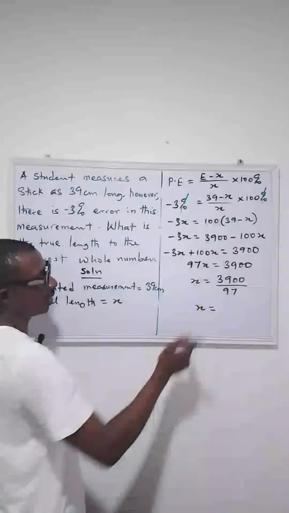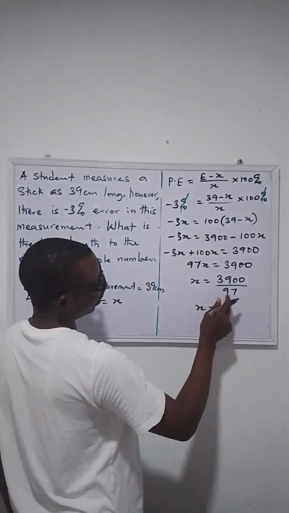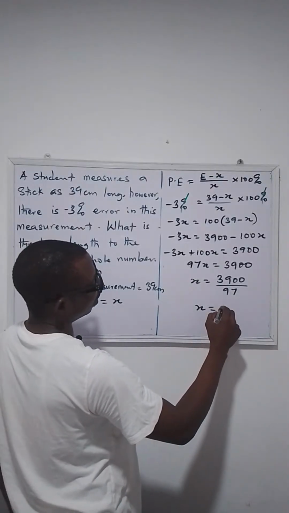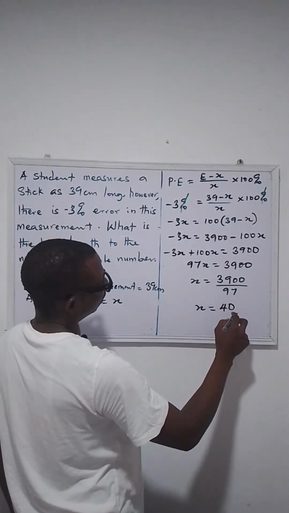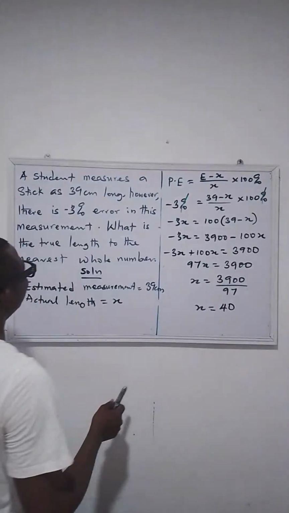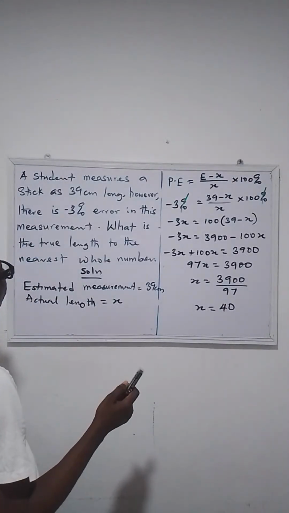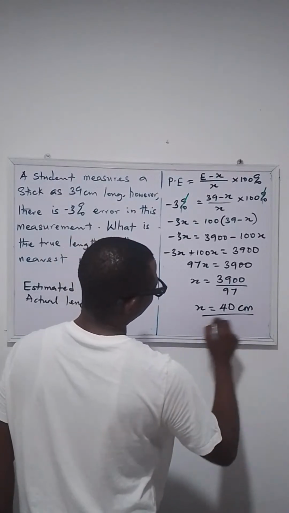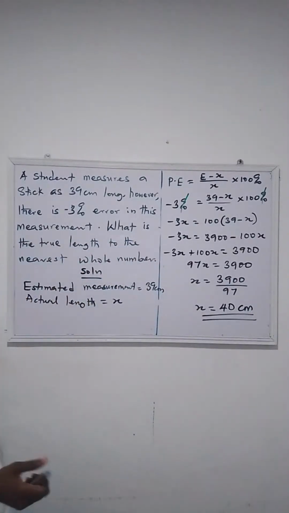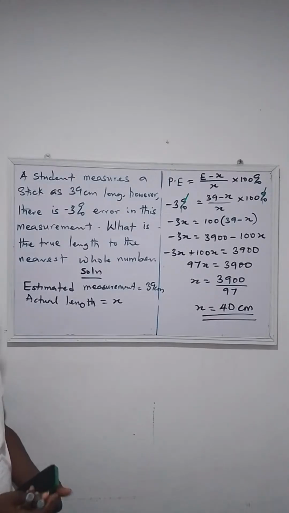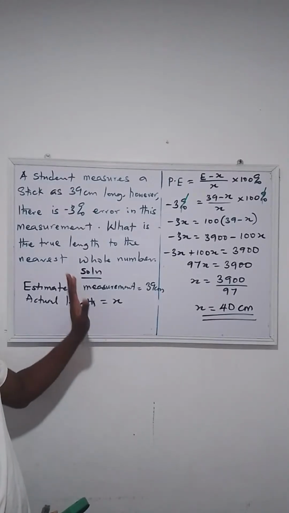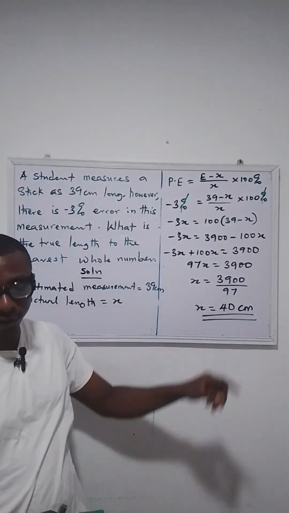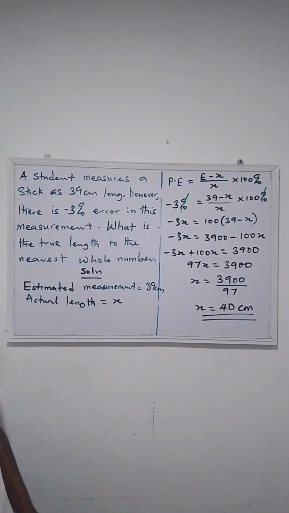Punch that on your calculator and you have 40.1 something. So our answer to the nearest whole number is 40 centimeters. So the actual length of the stick is 40 centimeters, and that's the answer to that problem.